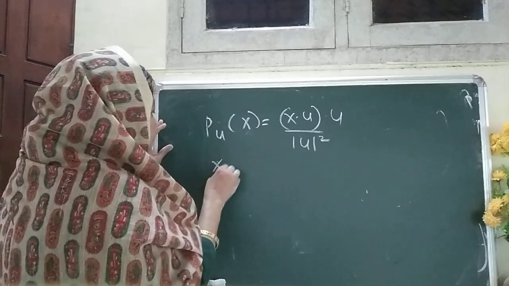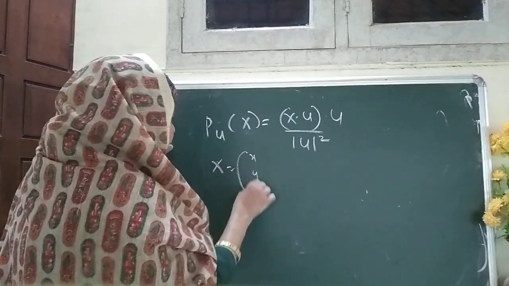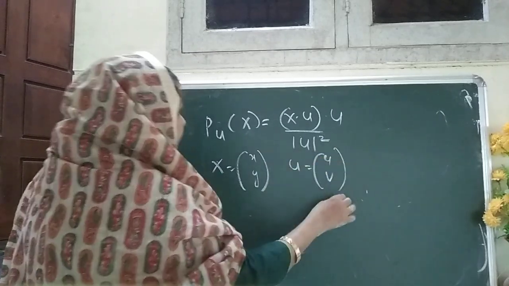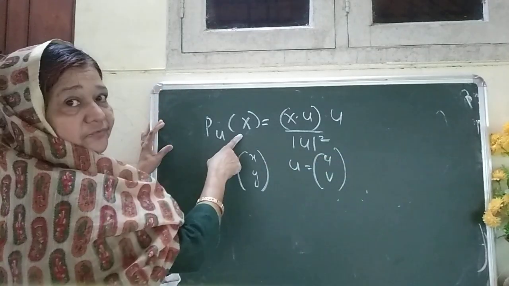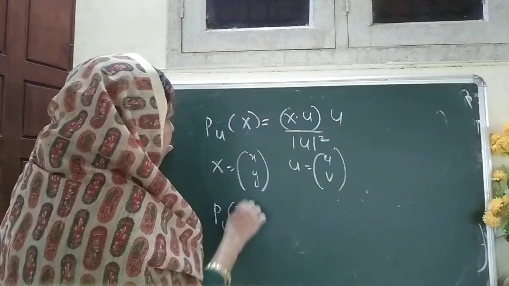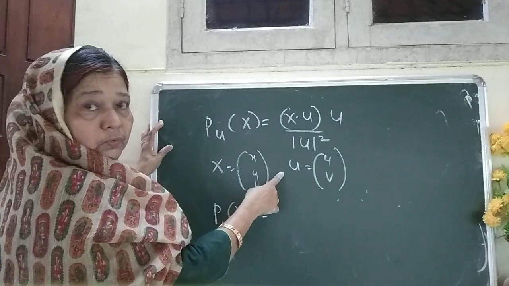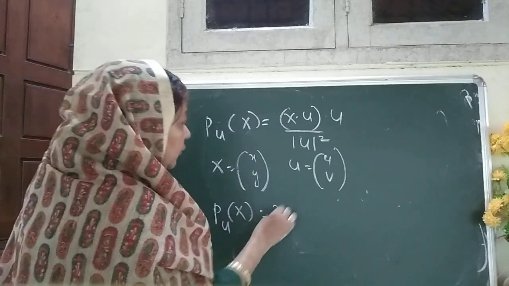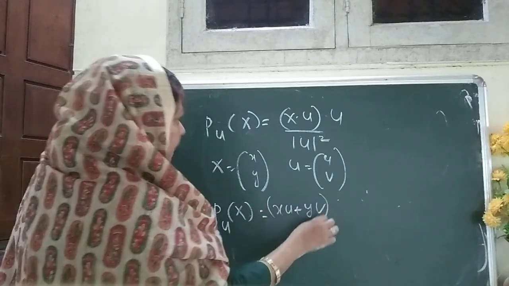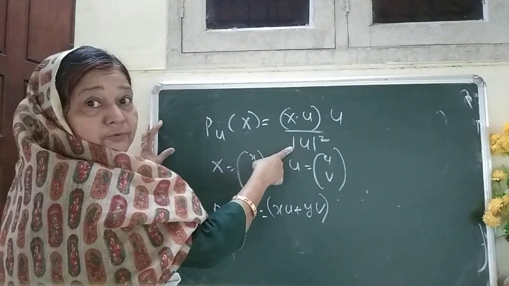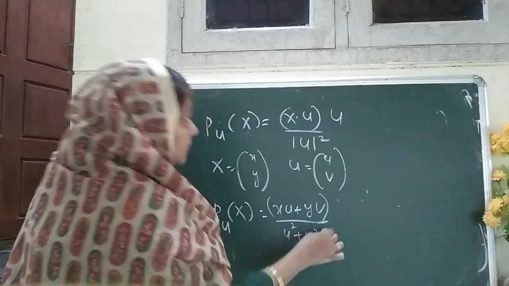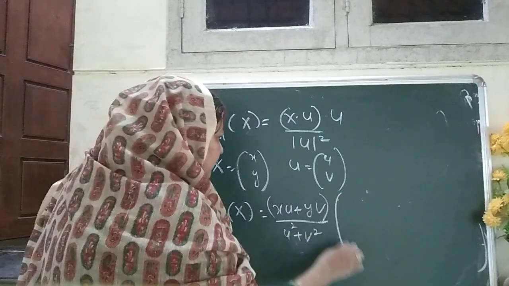If x equal to say (x, y) and U equal to say (u, v), what is the projection of this x? PU of x equals x dot U. X dot U is xu plus yv, by modulus of U square, that is u square plus v square, into the vector u.